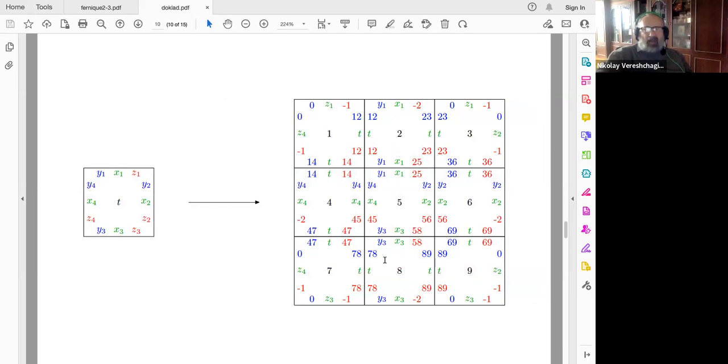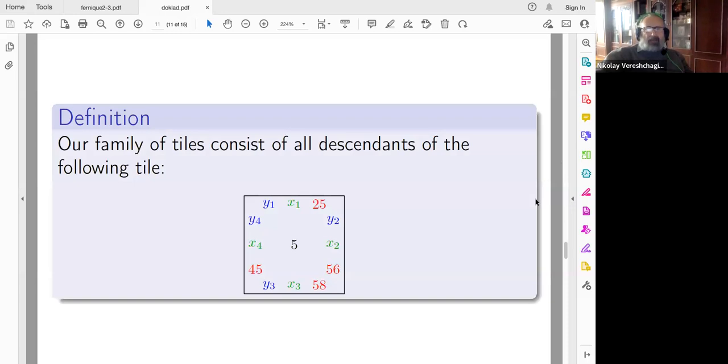And conversely, all these 9 tiles will be called children of the left tile. And here is the tile set I will allow. So consider this particular tile. It has 5 in the middle.